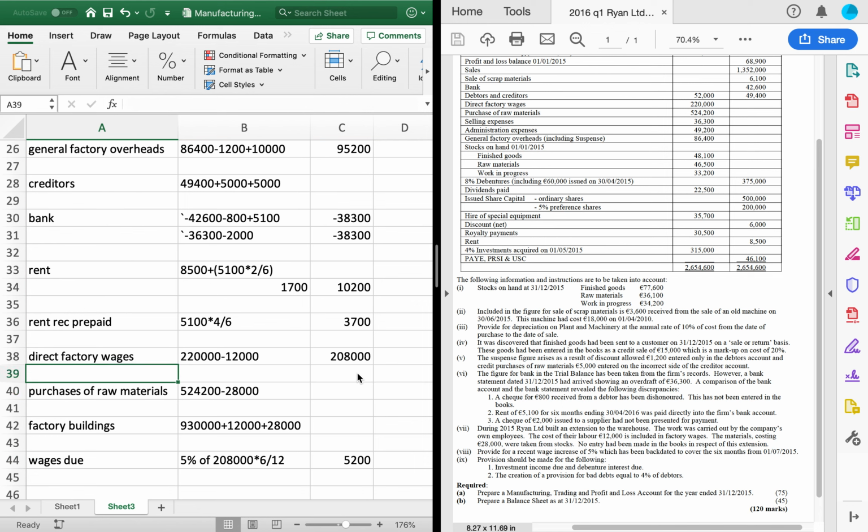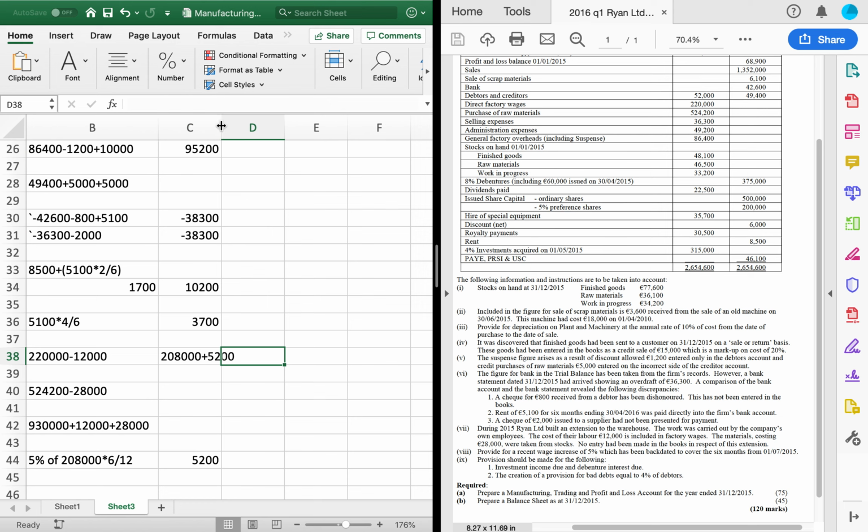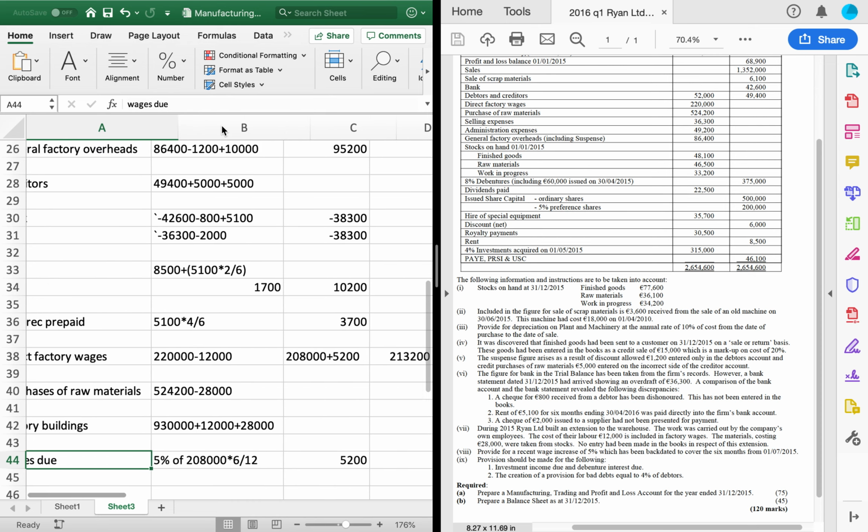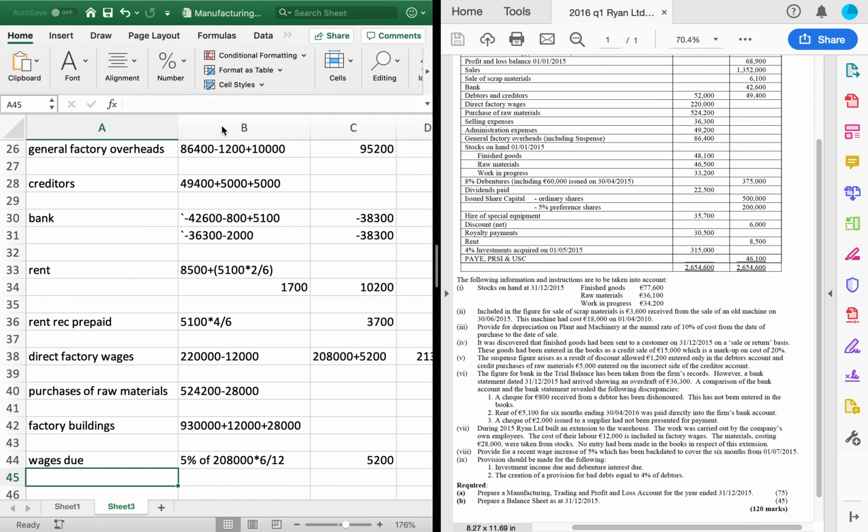And that's wages due at the end of the year. So you have to add it on to your wages. So your wage at the end of the year is 213,200. Your wages due, that's a current liability.